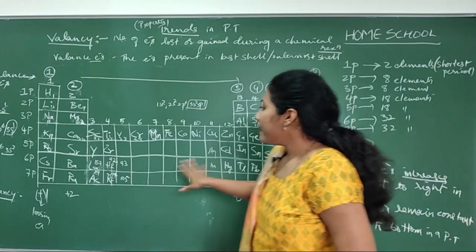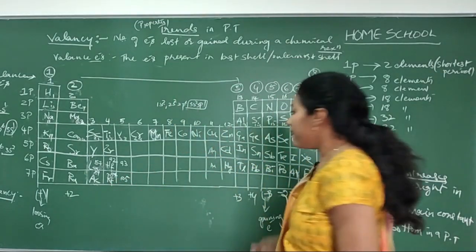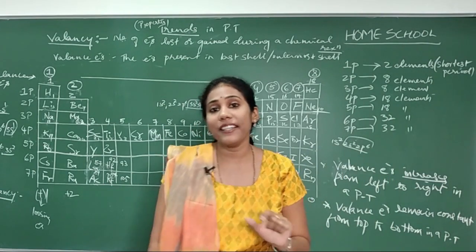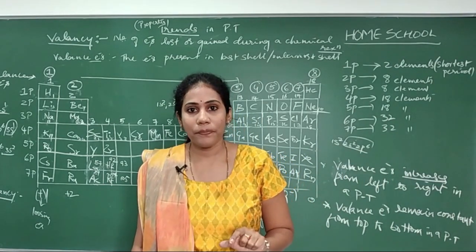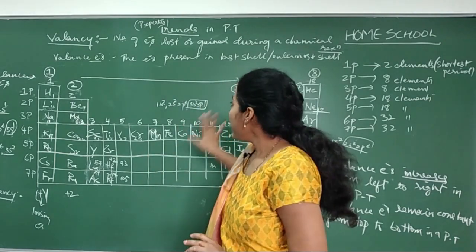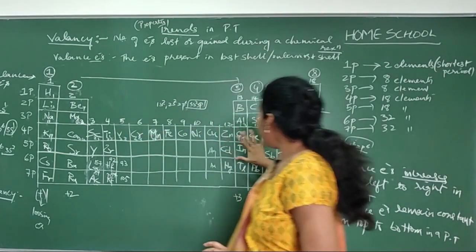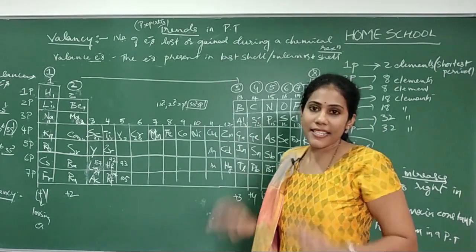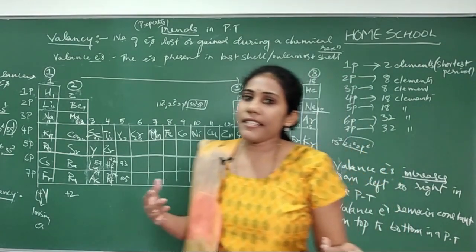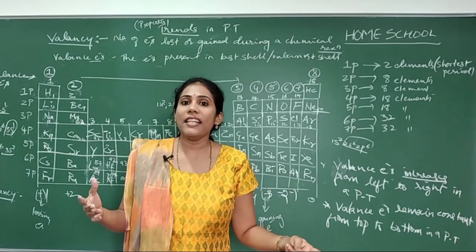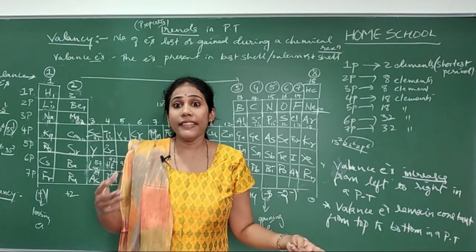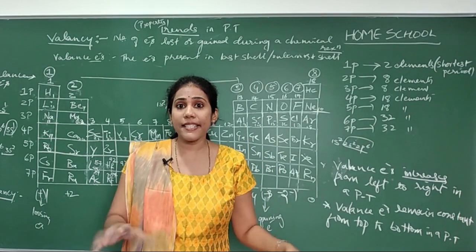Okay, and what is the use of valency? Valency is used to write the chemical formulae of chemical compounds. So you need to remember which element has how many valence electrons. They will be asking in the exam. How many valence electrons are present in sulfur? Or how many valence electrons are present in the element with atomic number 16?